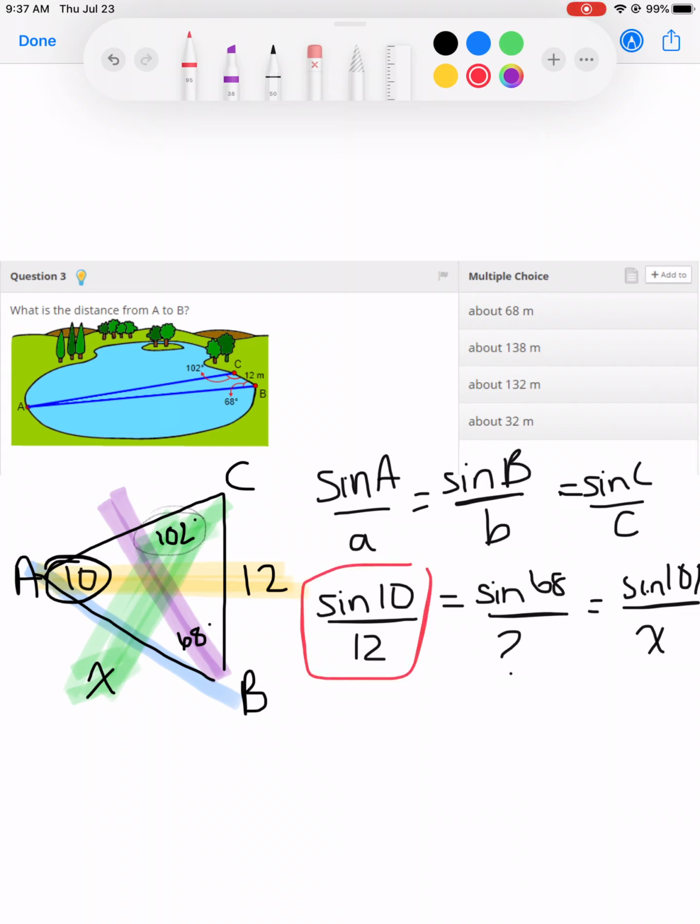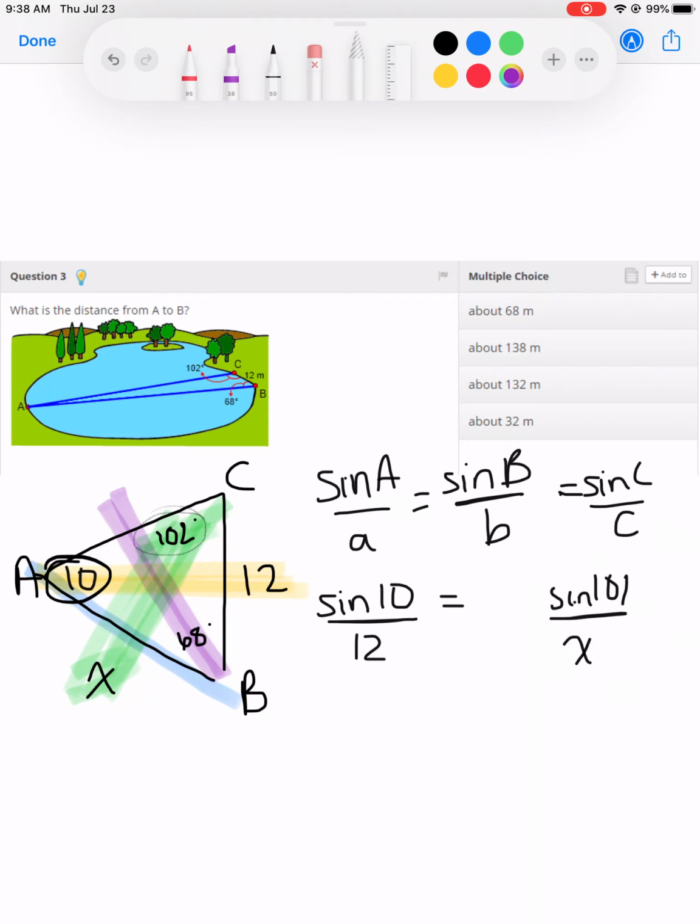This has all the values. We can only have one unknown. We can't solve an equation with 2 unknowns, so we're not even going to use the sine 68 one, even though we have some of the information. That's okay, we don't need to use all the stuff.